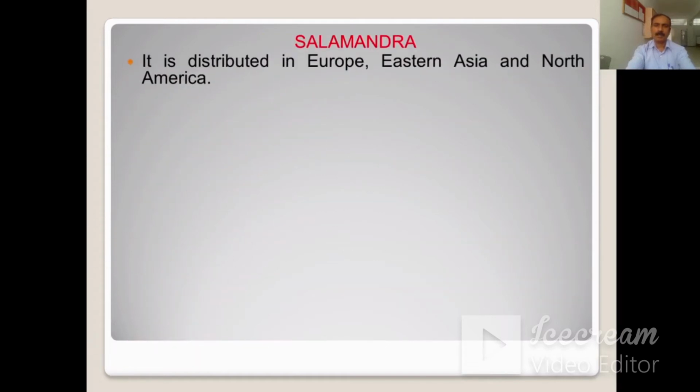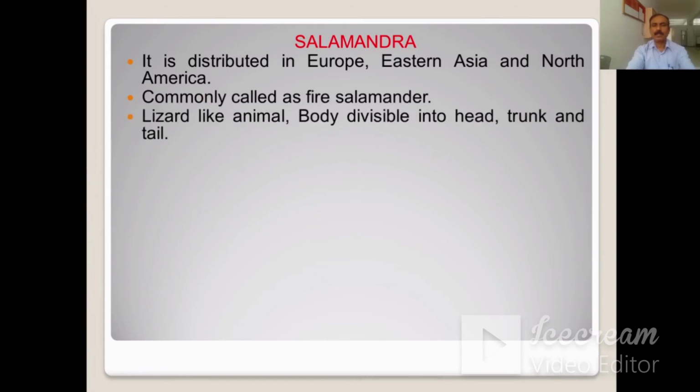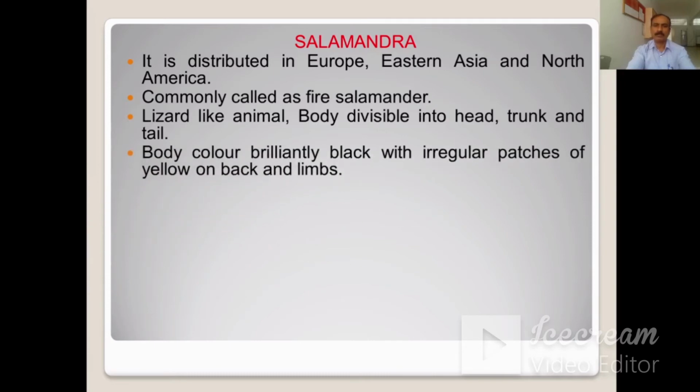Let us discuss the example, that is Salamandra. It is distributed in Europe, Eastern Asia and North America. They are commonly called fire salamanders. This is a lizard-like animal. Body is divisible into head, trunk and tail. The color of the body is brilliant black with irregular patches of yellow on the back and limbs.